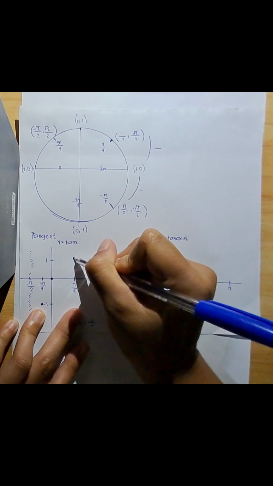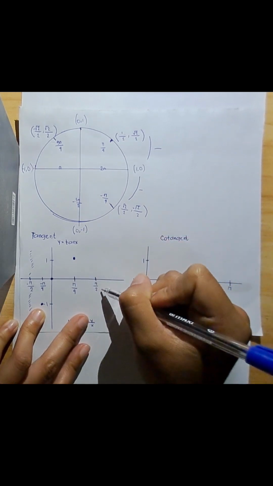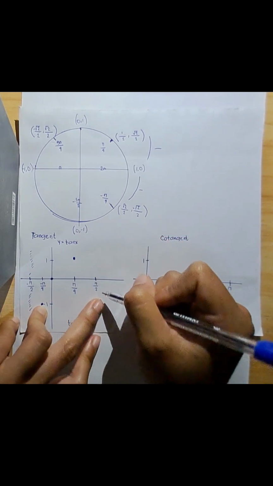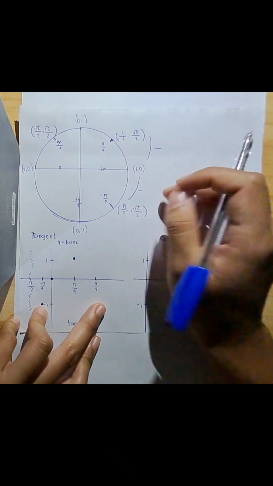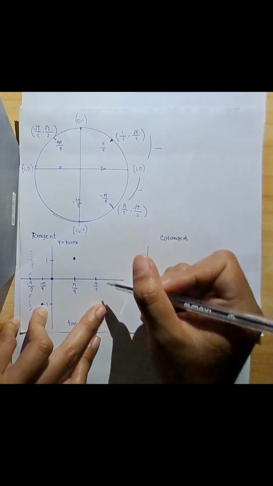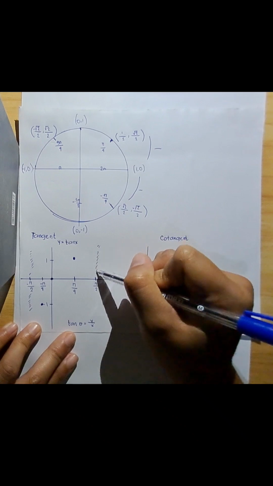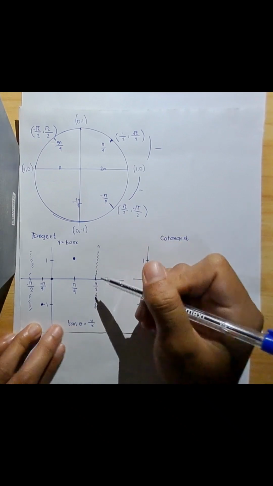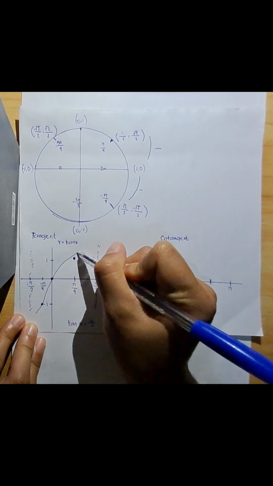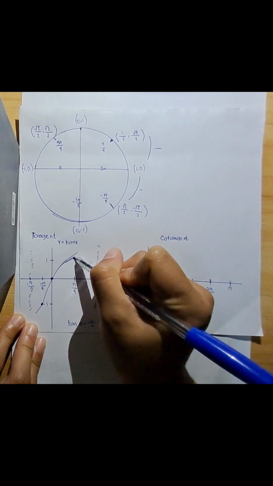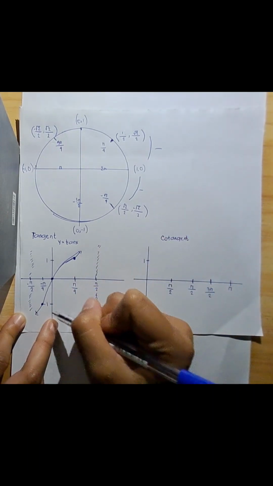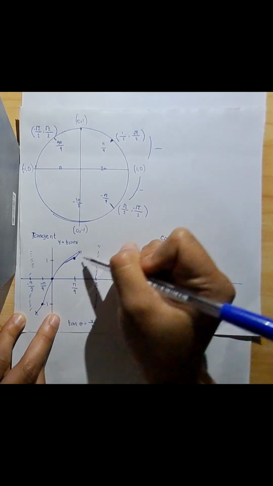Pi over 2 is undefined because the cosine is 0. So the graph would go from here to here, from down to up.